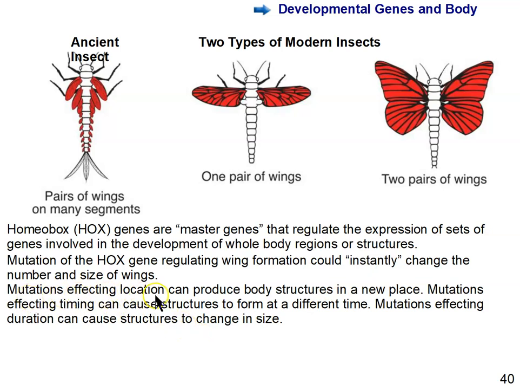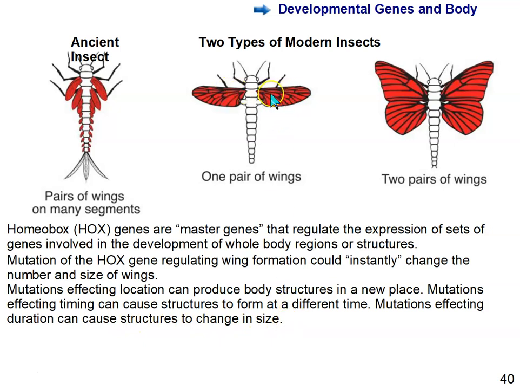Mutations affecting location, in other words where the Hox genes are turned on, are going to determine where the wings form. Mutations affecting timing can cause the structures to form at a different time. Maybe the wings don't form until the insect is older. And mutations affecting duration can cause structures to change in size.